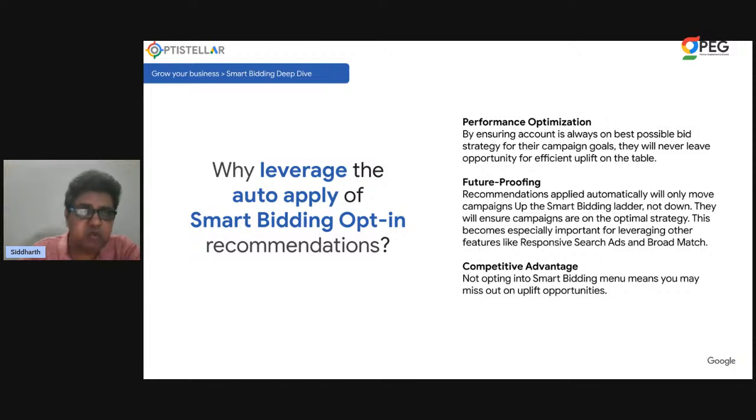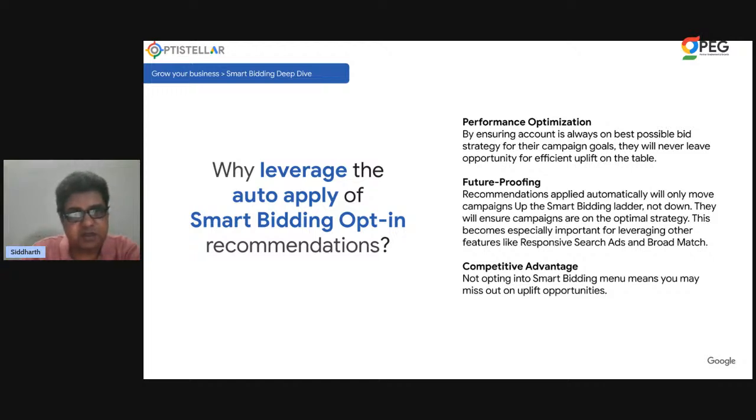Once you opt into an auto apply recommendation, which is a TCPA opt-in or a TROAS opt-in, when this recommendation surfaces on your account, that is when the recommendations engine has calculated that it is now available or eligible for your account, because it has enough data and the system has learned enough to perform and provide you with the expected ROIs that it promises.